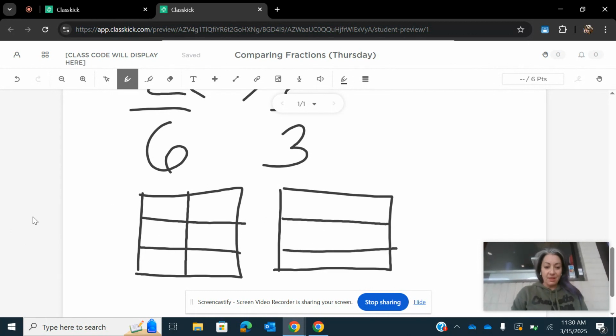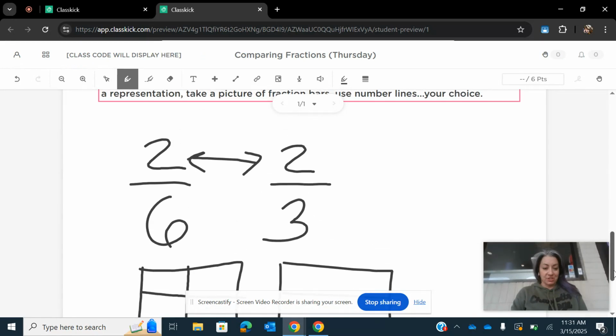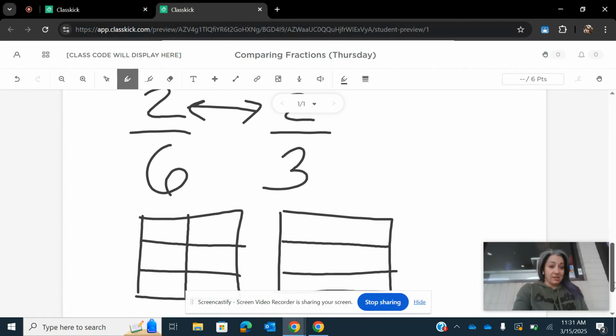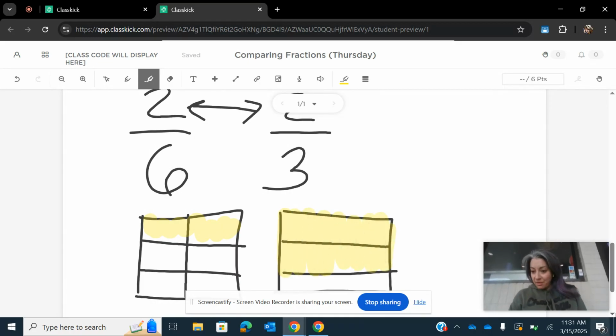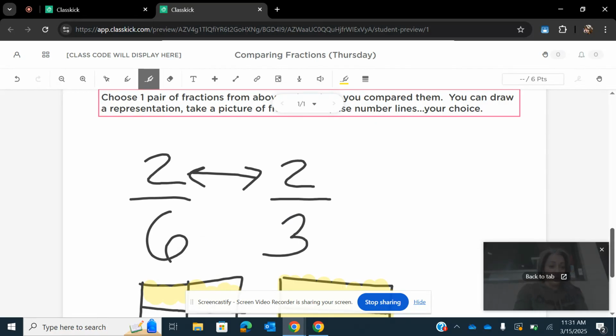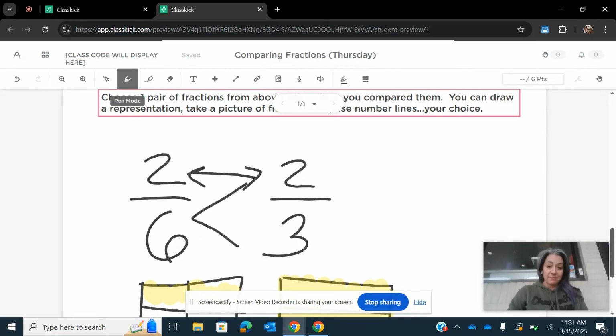Okay, like that. Best I can do. You want it to be as even as you can, just the best that you can do. Okay, let's just shade some in. So this one I'm going to shade in 2/6. All right, but this one I want to shade in 2/3.